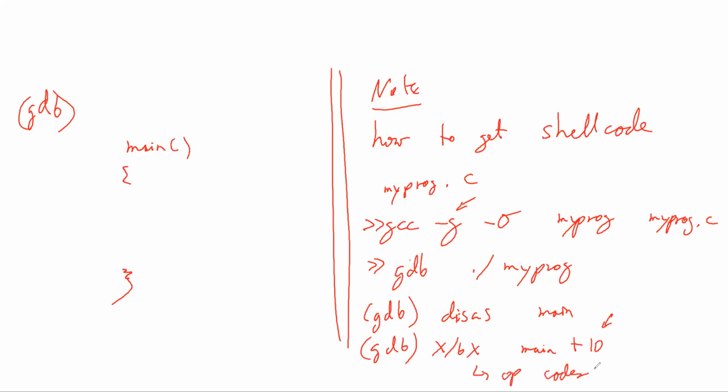This is how you can get machine code that you can inject into other programs. Let's say you didn't want to do a shell, but just wanted to do the calculator for whatever reason. You'd write the program for the calculator, compile it, run it, and then disassemble the subroutine you actually want. Then with this command, x/bx, you would be able to get the actual opcodes.